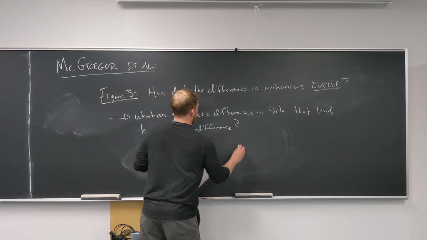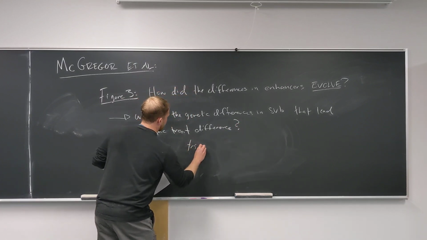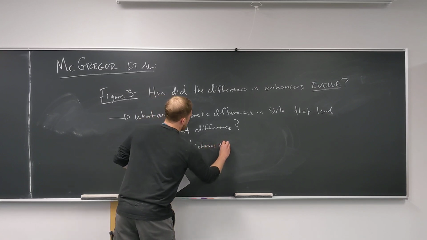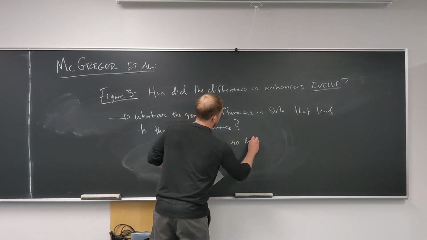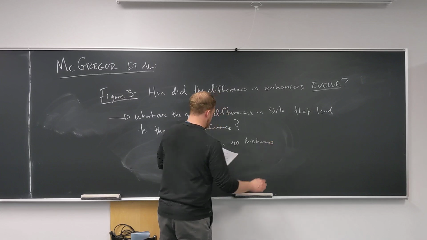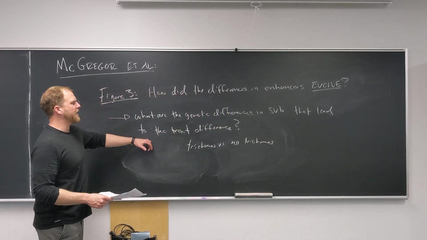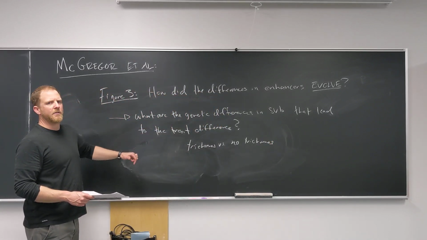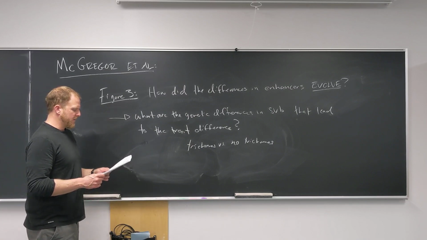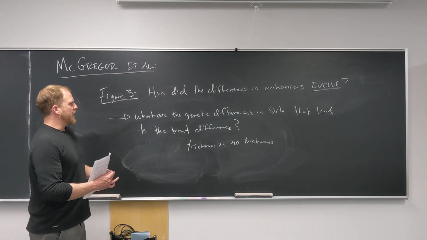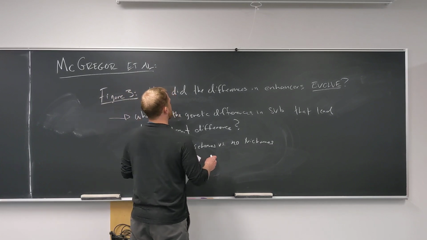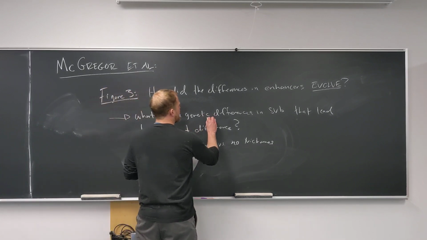And again, our trait here is trichomes versus no trichomes. Okay. So they got at this a bit in figure 2, and they're going to continue on with this in figure 3. Okay, so let's hone in on these differences, these changes.